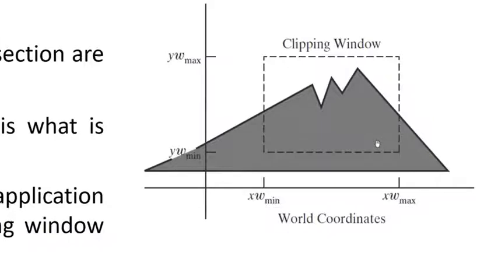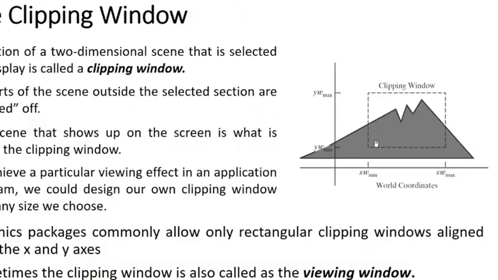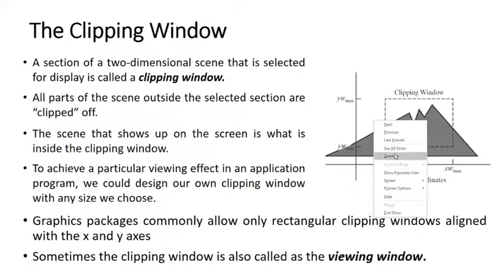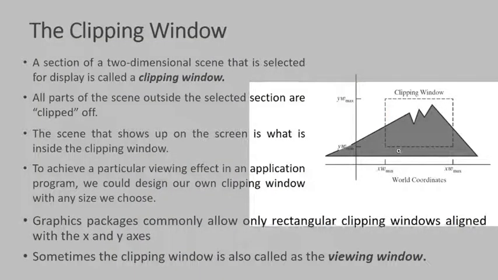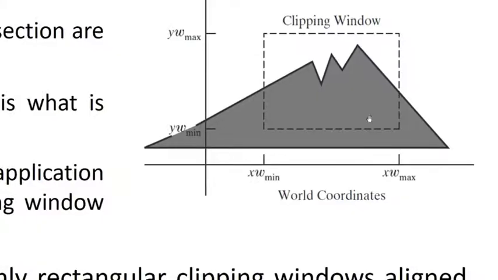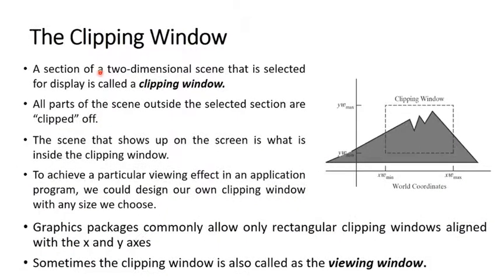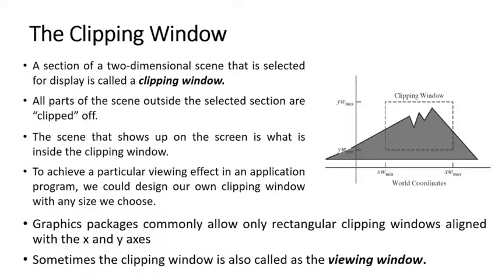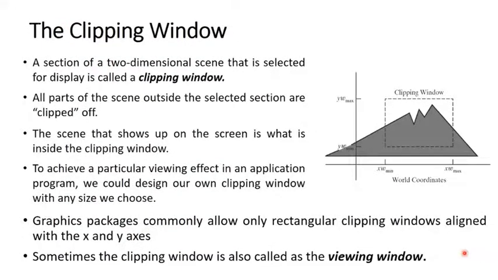But because I have limited my zooming window to this highlighted rectangle, I am only able to see this much portion of my world in the display window. The display window size you are not changing, you just change the size of your clipping window. The clipping window's earlier size was the complete desktop size, and when I applied zoom, I changed my clipping window size. That's the whole idea of the clipping window. I hope you are clear with this.